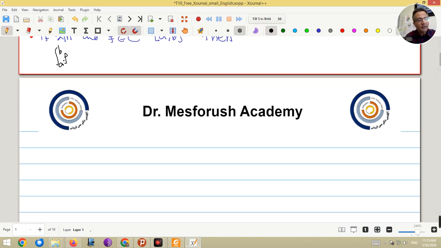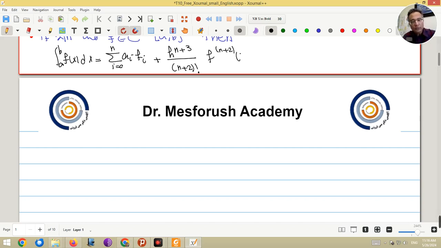the integral from a to b of f(x) dx is equal to the sum over i from 0 to n of ai fi, which we have computed the ai's, but the important thing here is the new term, in fact the error term: h to the power of n plus 3 over (n plus 2) factorial, times the (n plus 2)th derivative of f at eta, times the integral from 0 to n of t times the product for i equal to 0 to n of (t minus i) dt.